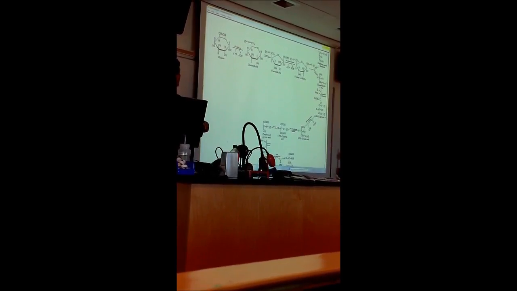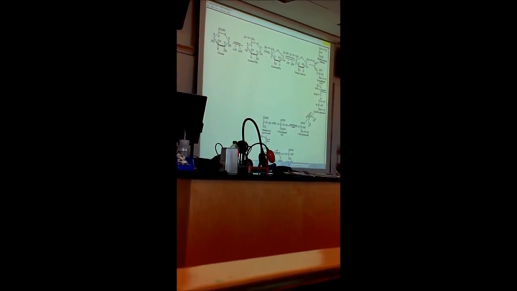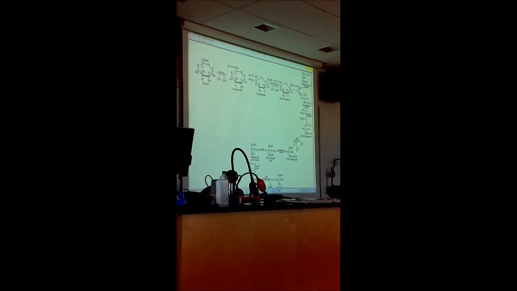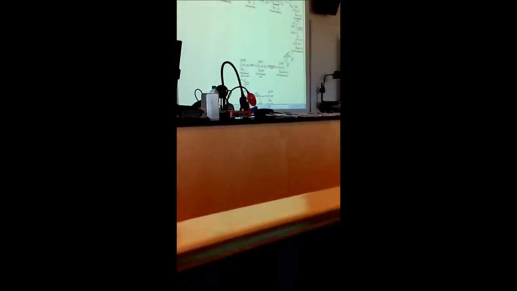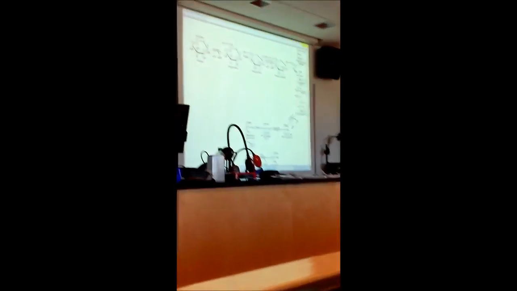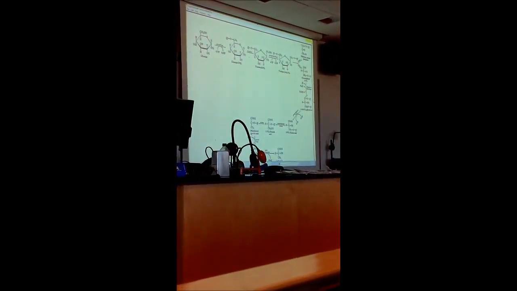So instead, we break down ATP to produce ADP. I gave you that formula on the board. And the extra phosphate transfers over to the glucose molecule, producing glucose 6-phosphate.